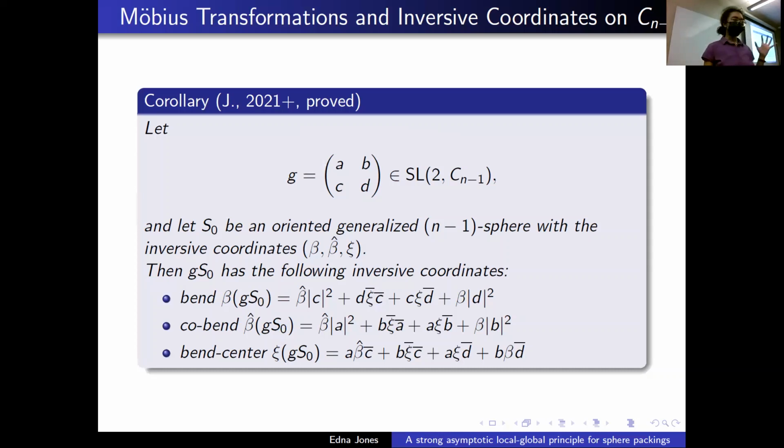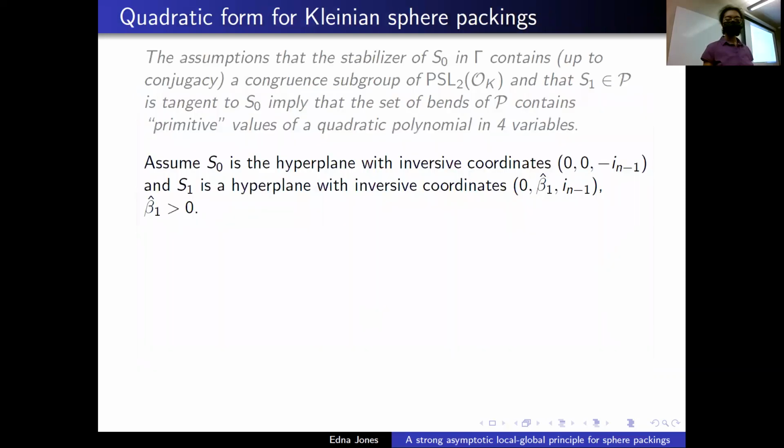Let's actually talk about this a little bit more. I said that the assumptions that the stabilizer of S naught in gamma contains a conjugate of a congruence subgroup of PSL2 of OK, and that S1 in our packing is tangent to S naught, imply that the set of bends of P contains the primitive values of a quadratic polynomial in four variables.